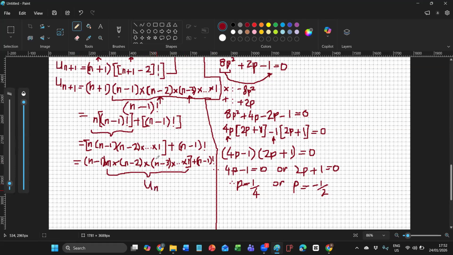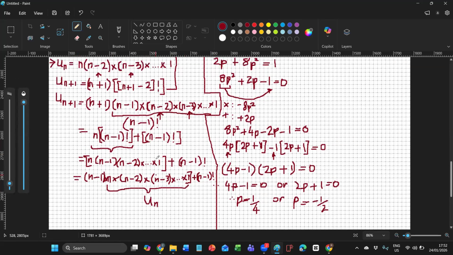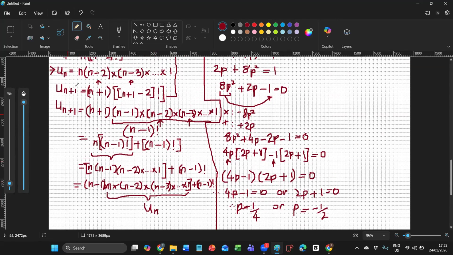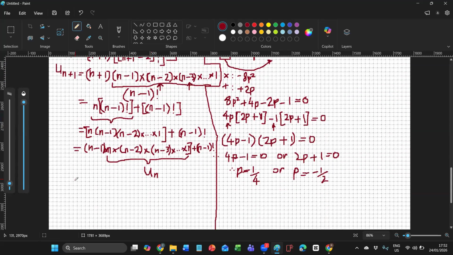Okay, do you see that? Look at it very well. From the top here, un starts with n times n minus 2 times n minus 3 times dot 1. Can you see that? Yes, sir. Okay. So I think our proof has emerged.